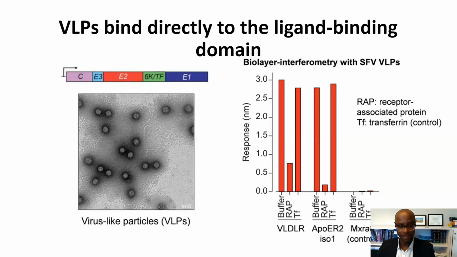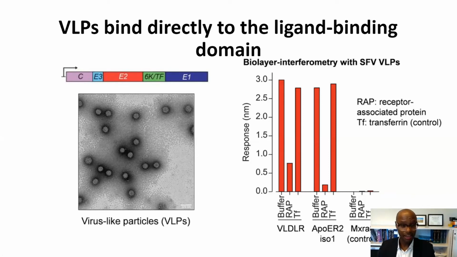to VLPs. When we pre-dipped the VLDLR-coated tips into solution containing transferrin, we did not see a decrease in signal. Transferrin here was our negative control. And you can see at the next set of bar columns here with buffer, RAP and transferrin for ApoE2 ISO1, we also saw a decrease in binding with RAP.